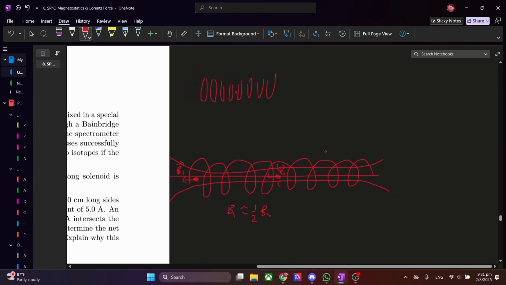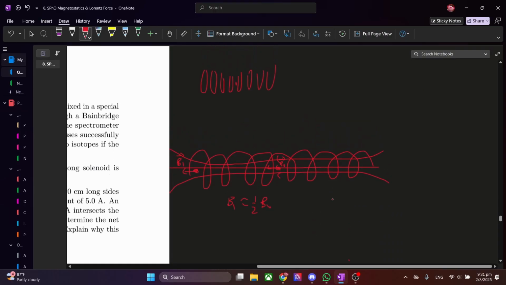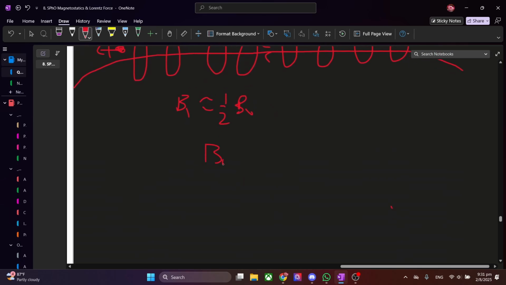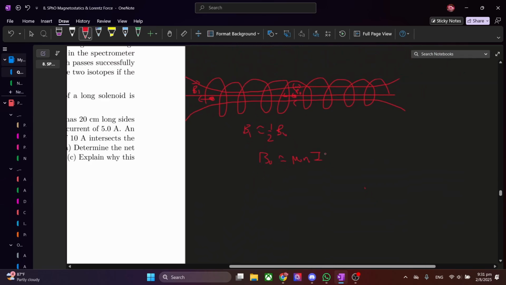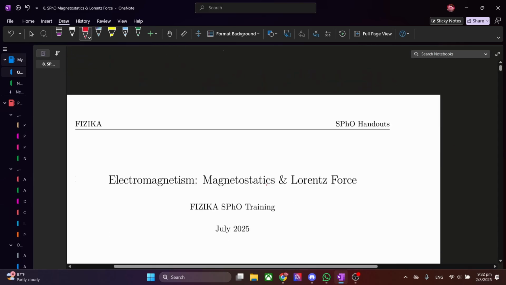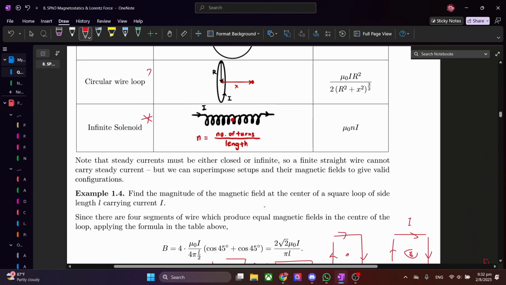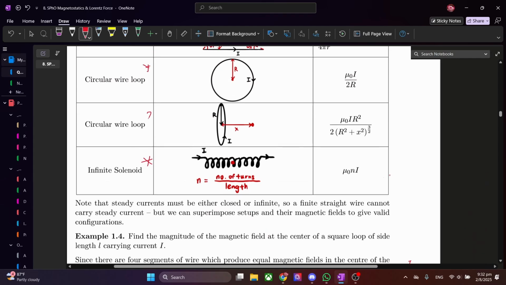So, what I want to illustrate is that basically, yes, you can use symmetry. The first thing you need to know is that your B0 is approximately mu naught n I lah. This is a long solenoid. It's not infinitely long, but you can try to derive it yourself, for an infinite solenoid, this is the magnetic field on the axis.